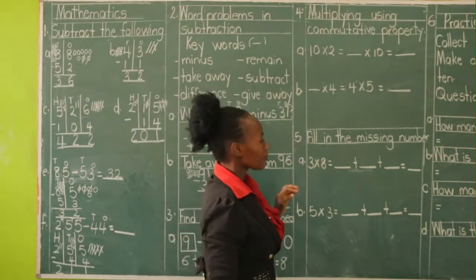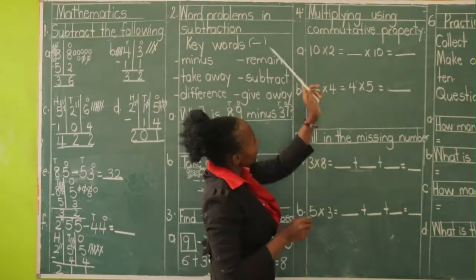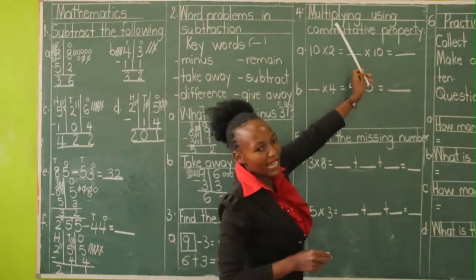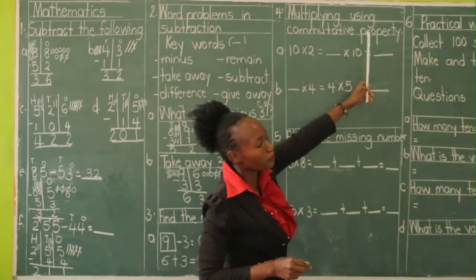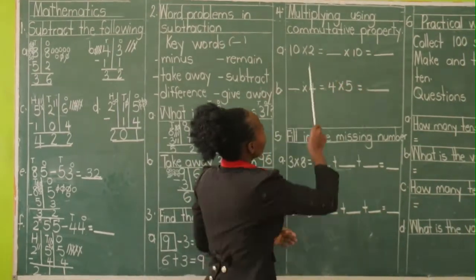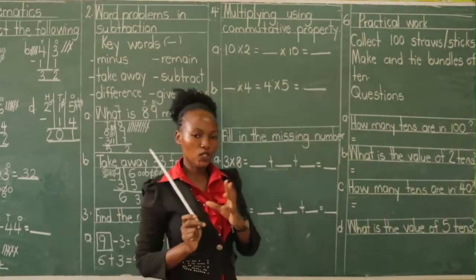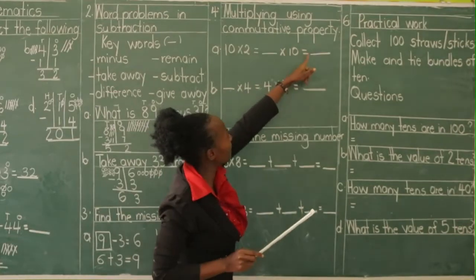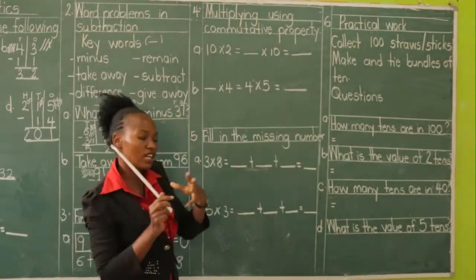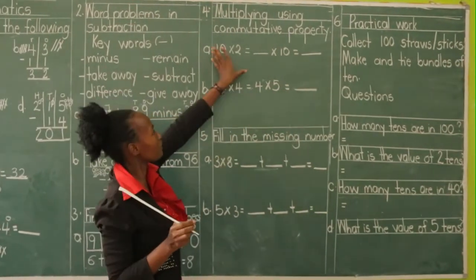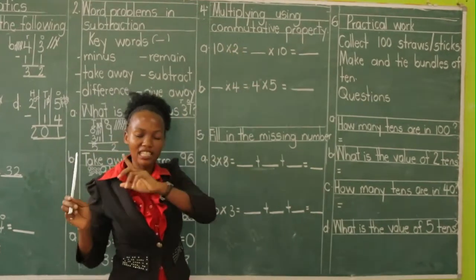Okay. Let's look at another subtopic here: multiplying using commutative property. When I talk of commutative property, it is just the change of numbers, but if you change the numbers, it doesn't change the answer.